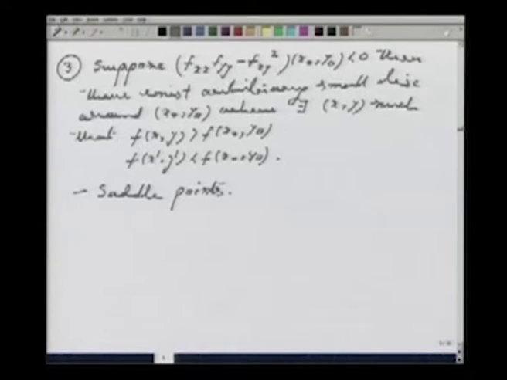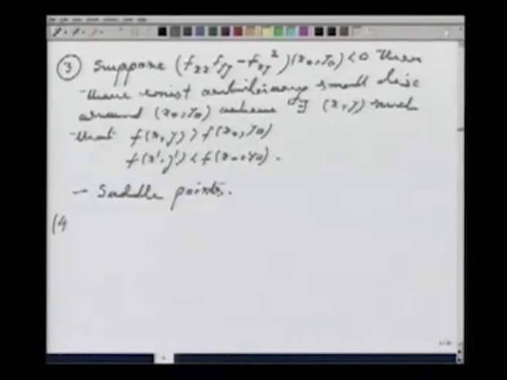So saddle points are points for which of course fx and fy turn out to be 0, but when I look at fxx fyy minus fxy square at x naught, y naught, that turns out to be negative. These are called saddle points. So the quantity D which I had written down at x naught, y naught, that turns out to be negative. Those are saddle points.